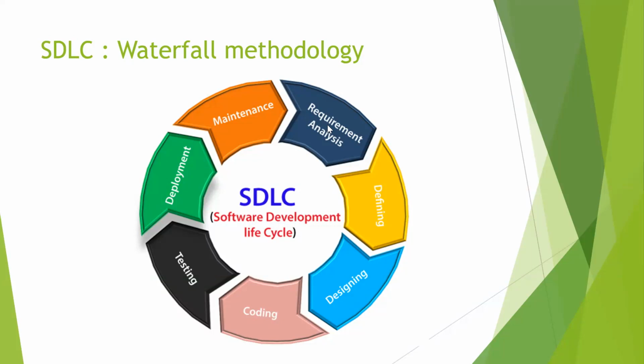Once the analysis is done, they will be moving further to the defining stage, which is nothing but defining the plan of that project. They will be defining what needs to be done in further steps, like what is the coding programming language that needs to be taken to give this final product to the customer.